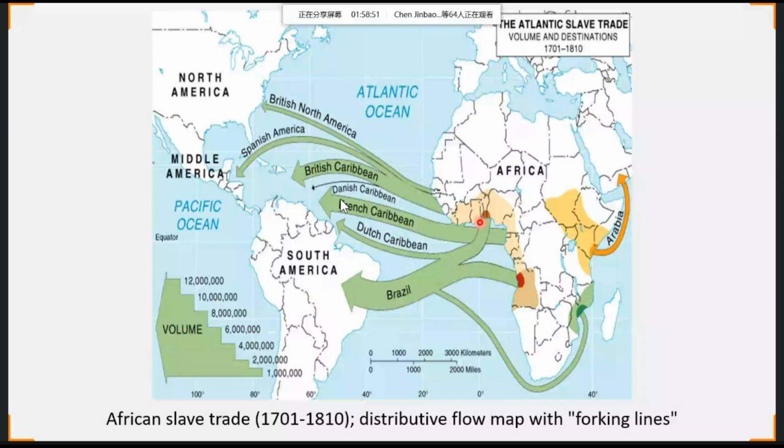That means some are coming from here and distributed to this area, some coming from here distributed to that area, and also from here to this area, or from here to that area. So this is all possible. And also even here from Eastern Africa, there is a smaller part that also adds to the numbers. So this is a distributive flow map with forking lines.